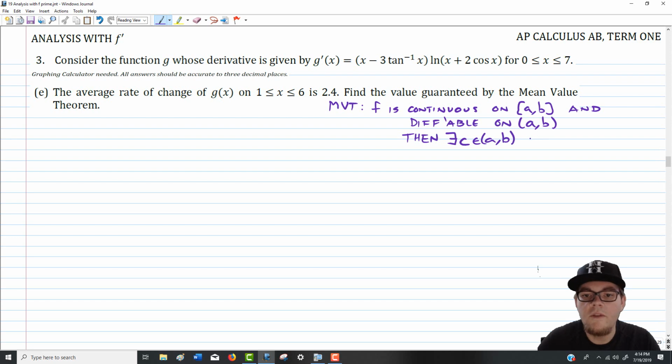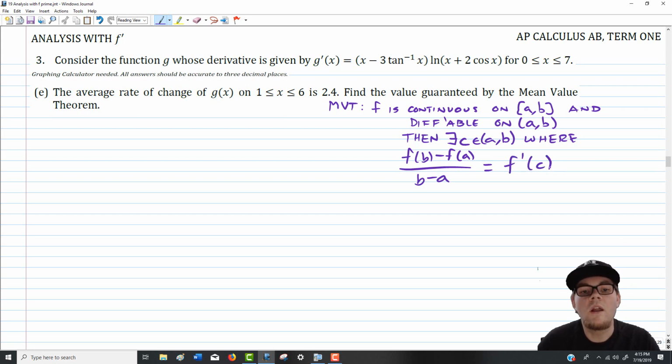So in other words, there's going to be an x value where the average rate of change, f of b minus f of a over b minus a, is equal to f prime of c. So in other words, we're looking to find the place where this is true, assuming we can apply the mean value theorem.